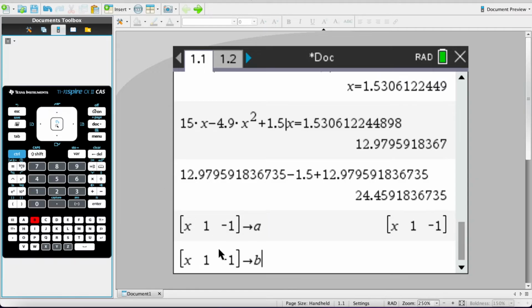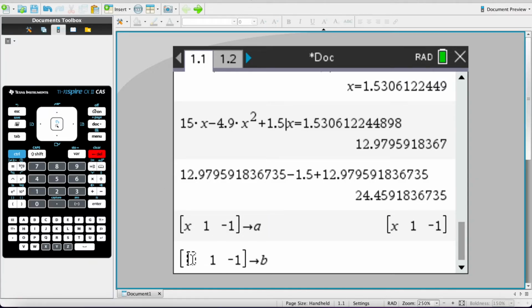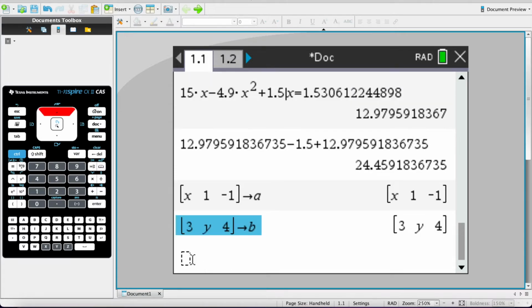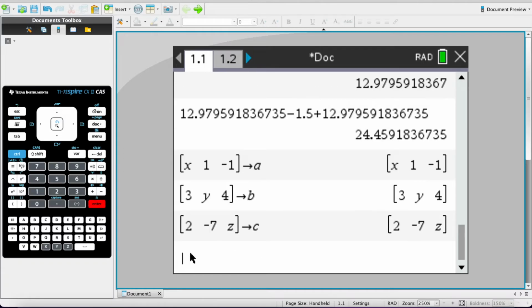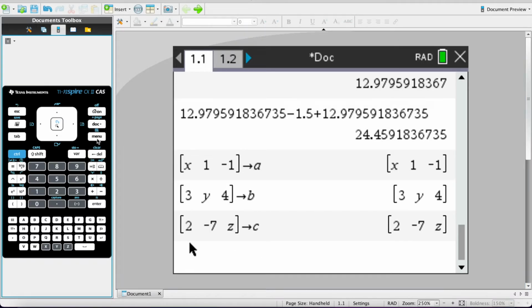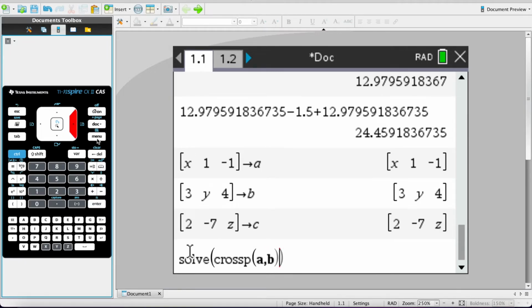Then B was 3, Y, 4. And my C is 2, negative 7, gamma, which is Z. Then it's saying cross product of A and B is C. So solve cross P of A comma B is equal to C. Will that give me all of them?